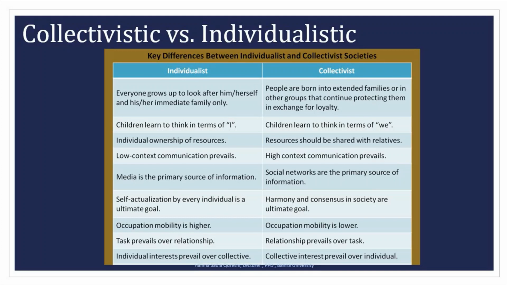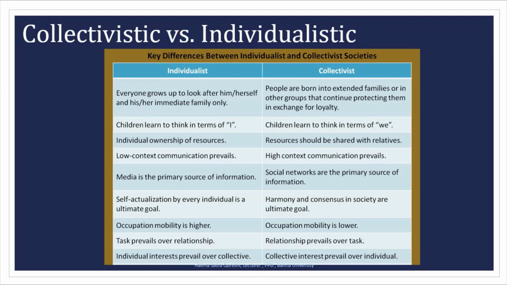Individualistic cultures focus on the individuality of the person, just an individual, not on people as a collective or a group of people. So individualistic societies have an individualistic mindset and collectivistic societies have a collectivistic mindset. You can read the comparison of these two cultures, which is highlighted over here.